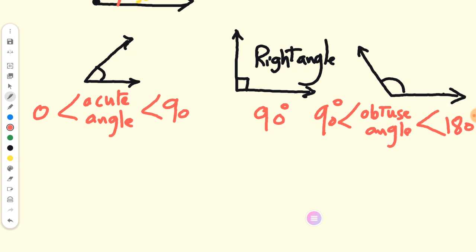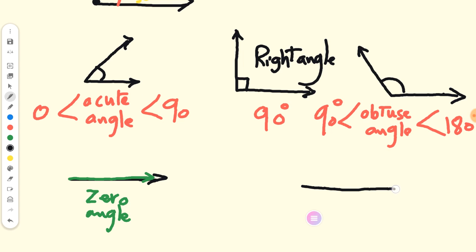Actually, we also have the zero angle, where the two rays are over each other. And if I have two rays like this, one on the left-hand side and the other exactly as a straight line on the right-hand side, the angle between these two rays is called a straight angle.